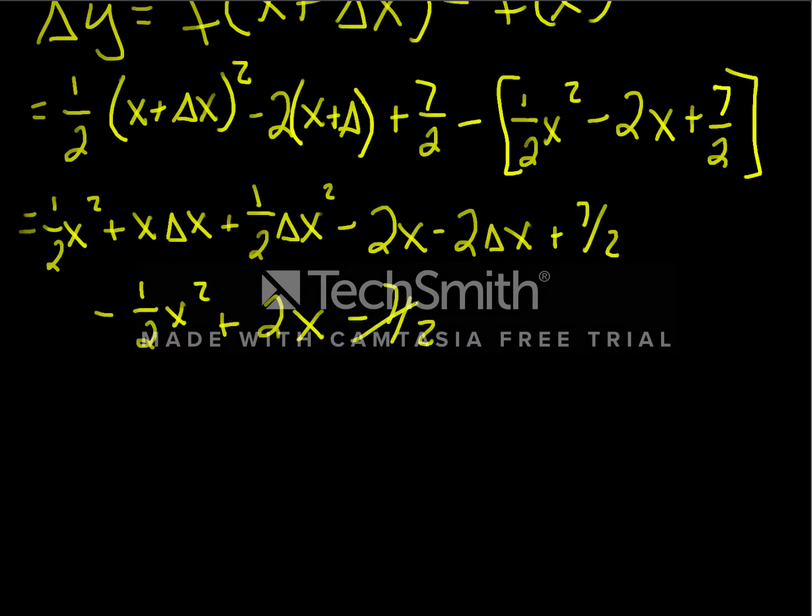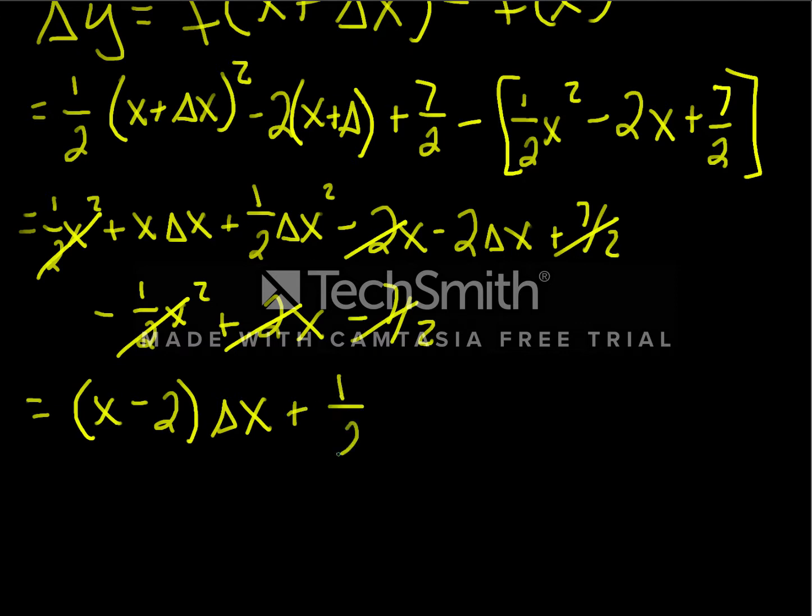This 7/2 and this 7/2 cancel, this 2x and this 2x cancel, and the 1/2 x squared terms cancel. Now I've got together an x delta x, 1/2 delta x squared, and a minus 2 delta x. So I'll rewrite it as x minus 2 delta x plus 1/2 delta x squared. So there's our change in y.